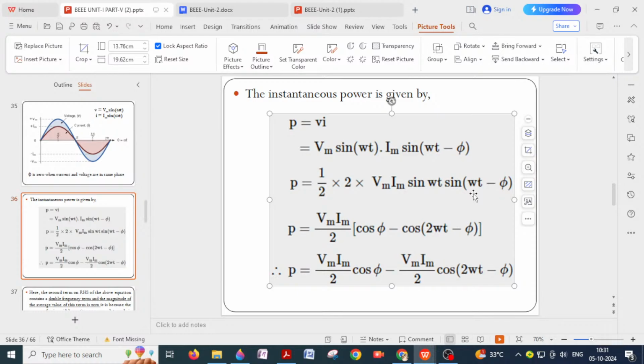If you replace it and further simplify, you will get P equal to Vm Im by 2 cos phi minus Vm Im by 2 cos(2 omega t minus phi).